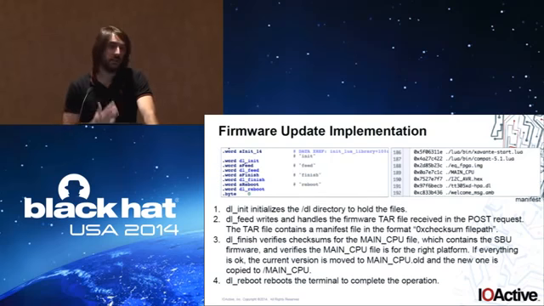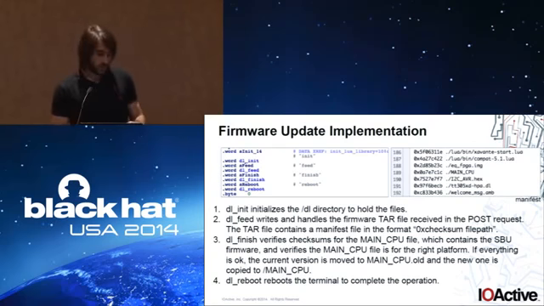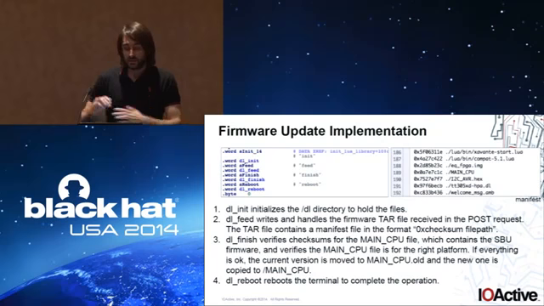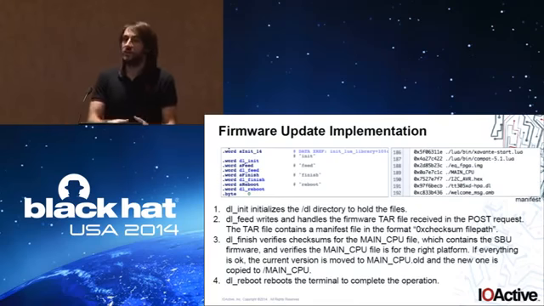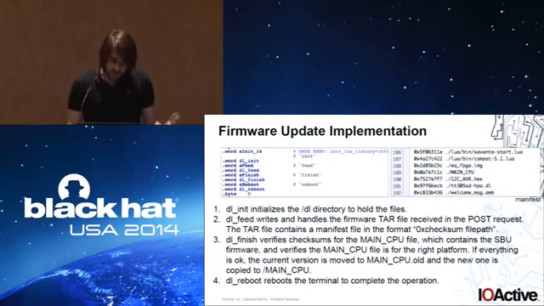DL finish checks that everything is okay with the main CPU file, which contains the SBU firmware. If everything is okay, the version is okay, the platform is okay, it copies that file over the original one and renames the old one to main CPU.all. And then DL reboot reboots the terminal. This function by itself is an attack vector because you can reboot the terminal, and that's not good.